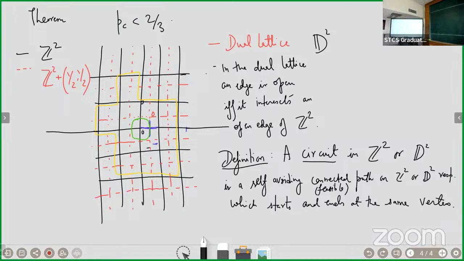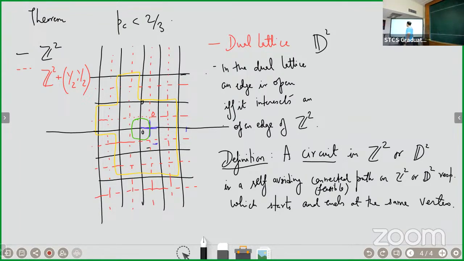How many possible places will it cross the x-axis? First fact, a closed circuit has to cross the x-axis. Is that clear? How many different places can it cross?